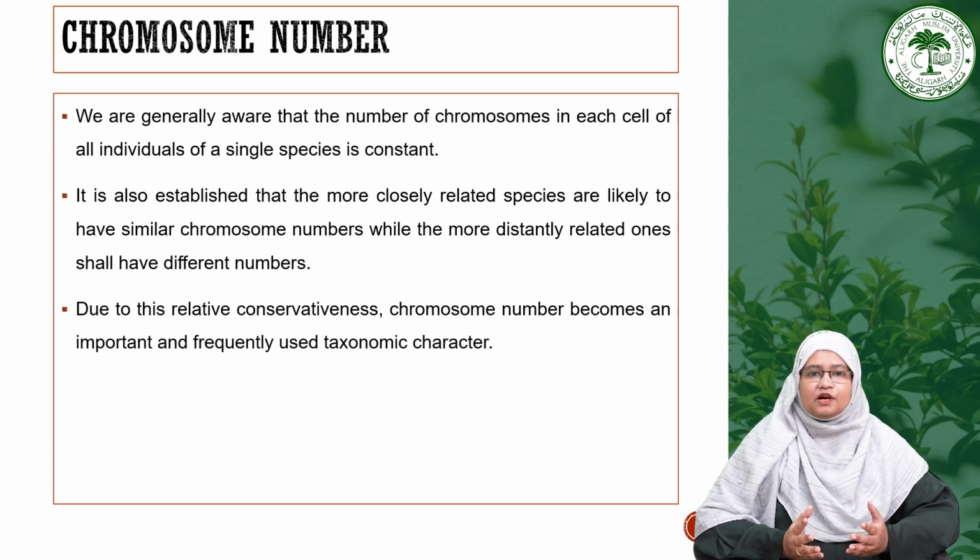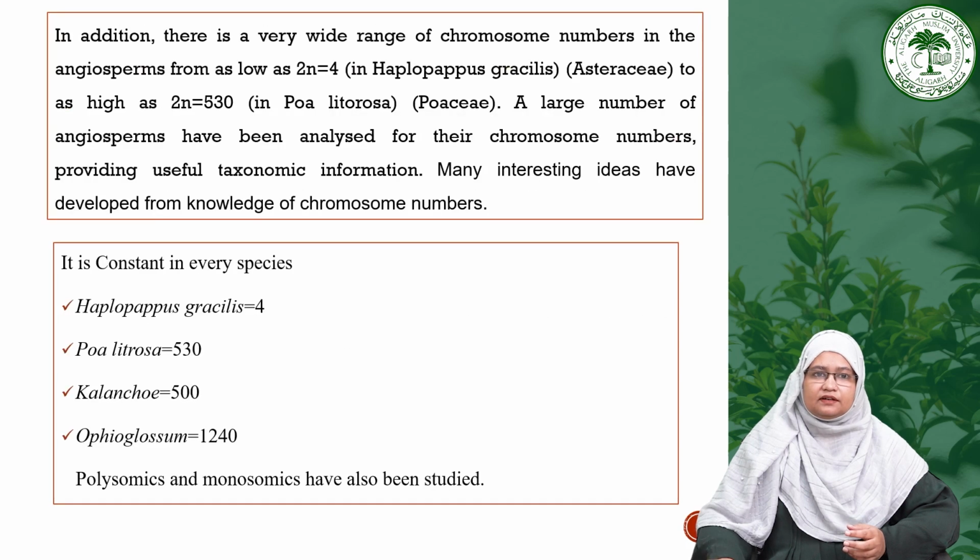It is also established that more closely related species are likely to have a similar chromosome number, while more distantly related ones shall have different numbers of chromosomes. Due to this relative conservation, chromosome numbers are an important and frequently used taxonomic character.